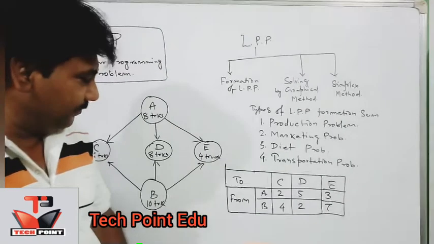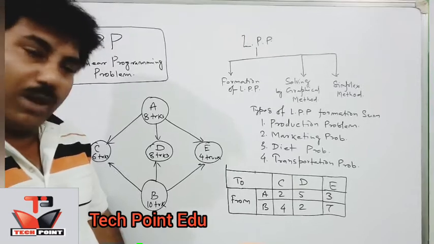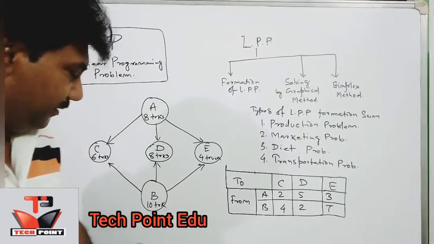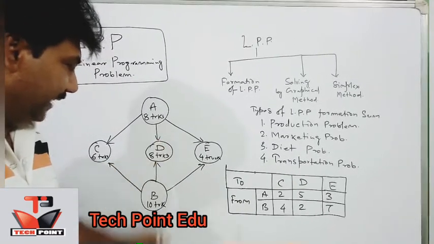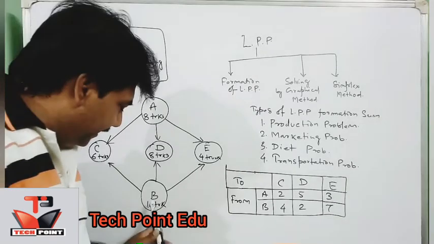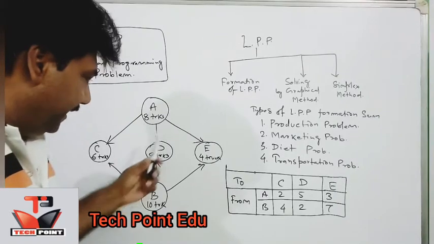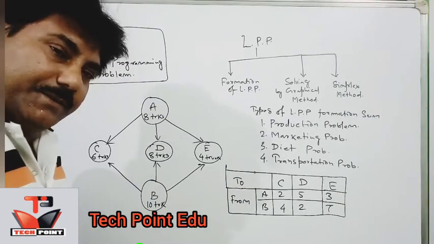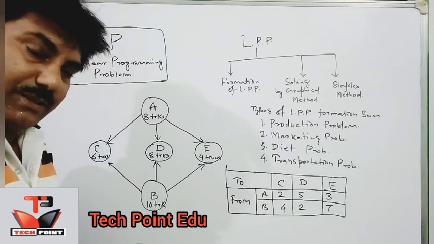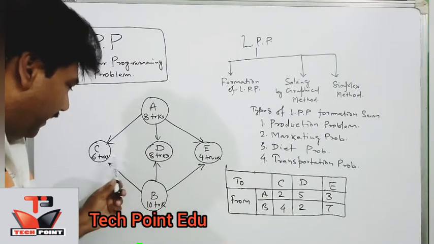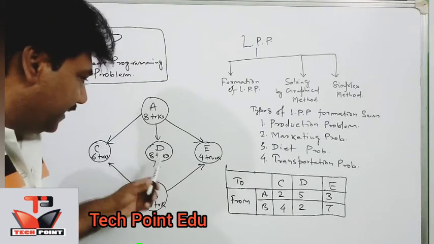The sum is, you have two offices A and B. In A there are 8 trucks and in B there are 10 trucks. C, D and E are three different location offices. There the number of trucks required are 6 trucks, 8 trucks and 4 trucks.